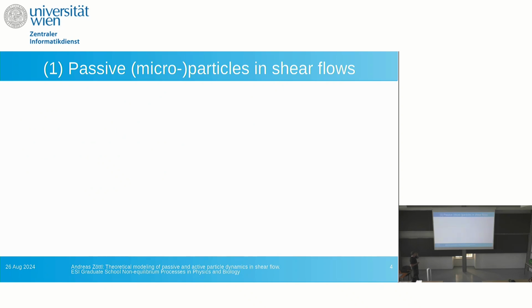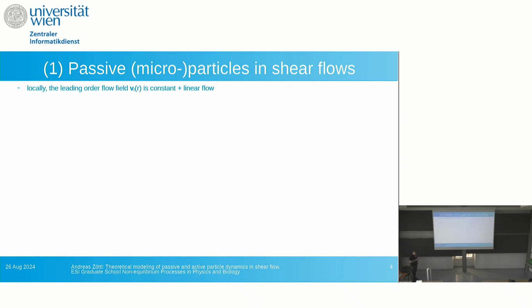The first part is passive particles in shear flows. And we always have in mind small particles, like microparticles. And the idea is you have some flow field, Vf, which depends on the position r.